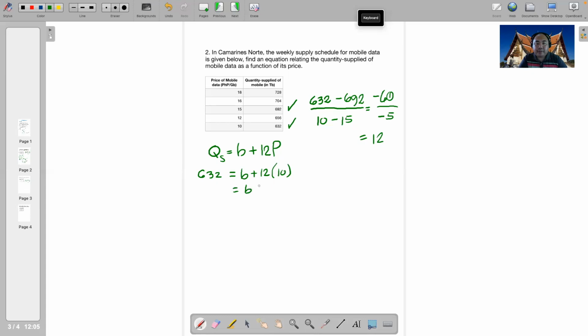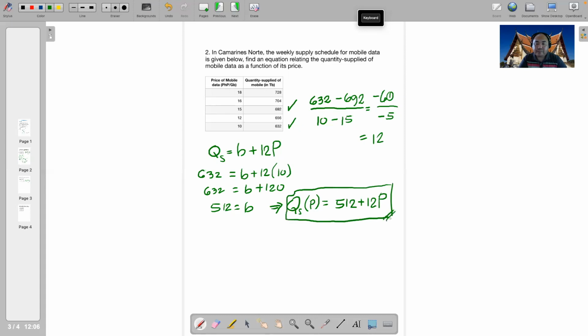So this is B plus 120 is 632, which means that B is 512. All right, so to finish off, our quantity supplied as a function of P is 512 plus 12P.